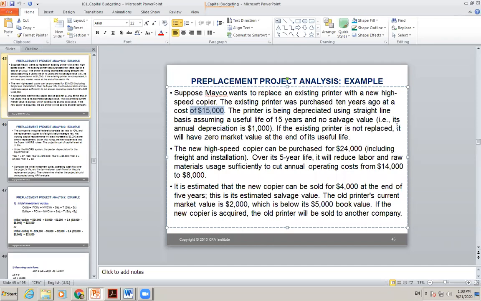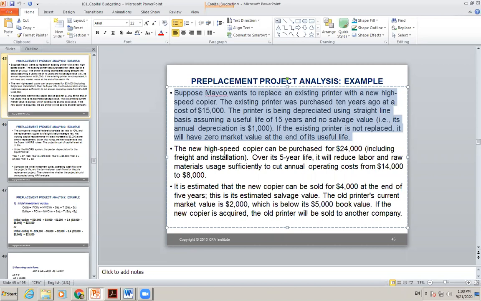The existing printer, if not replaced, will have zero market value at the end of its useful life, okay? So at the end of the 15th year, we will be able to sell it for $0. So nothing we're gonna get from the sale. It will be just exhausted. However, if you take the decision to replace it, the new high-speed copier can be purchased for $24,000, including freight and installation. But this new printer will have only a 5-year useful life.